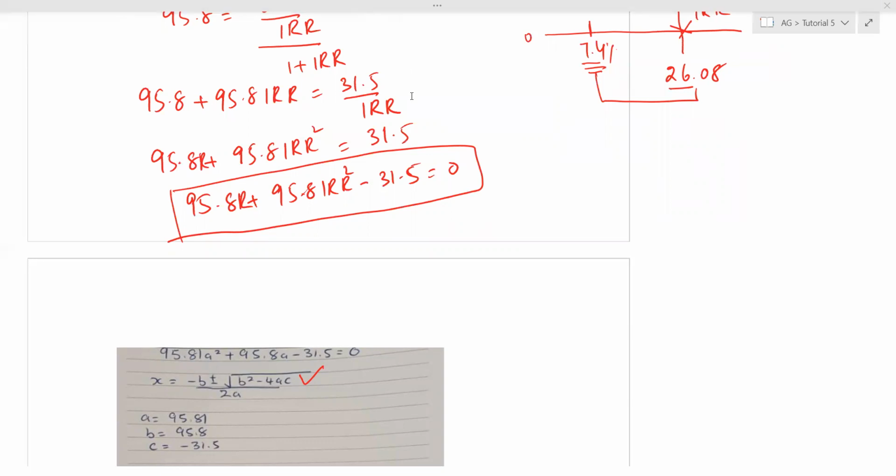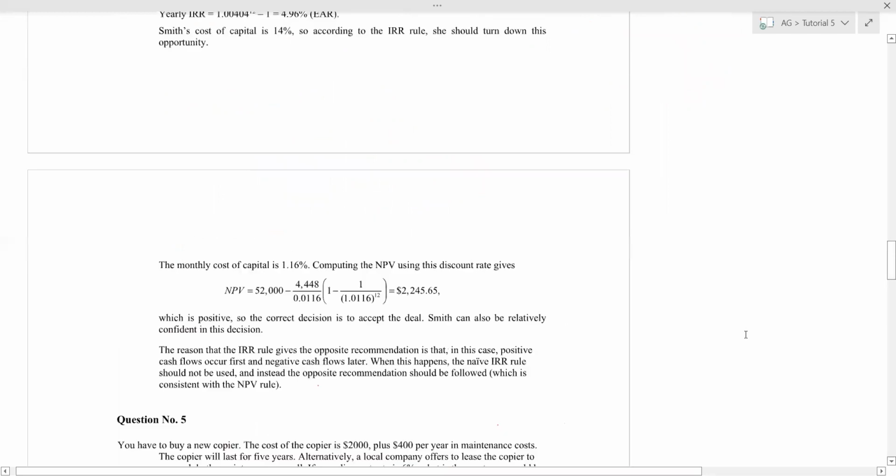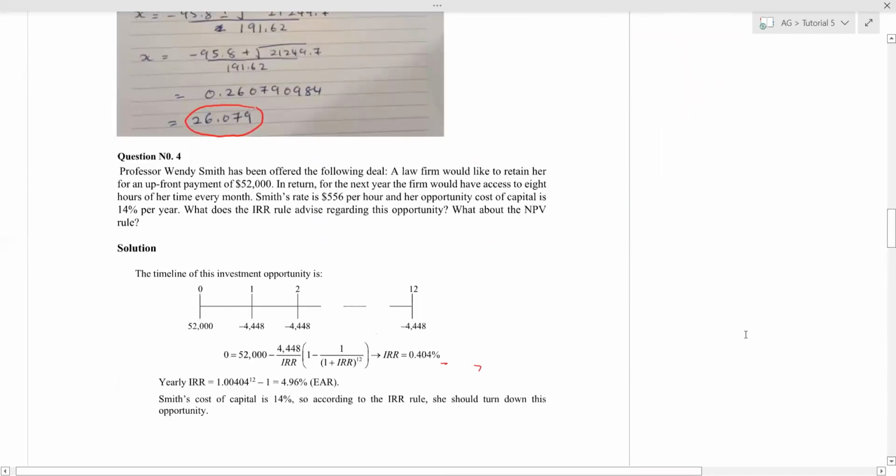Now let's get to the next question. Okay. So this question, because we have two types of cash flows, as you remember from our lecture: traditional cash flows, meaning conventional cash flows where your initial cash flow is negative and the rest we are not bothered.